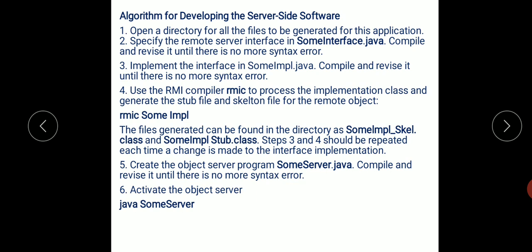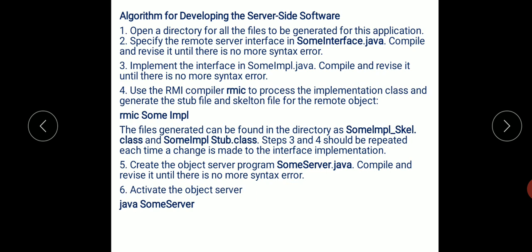Fifth step is create the object server program sum server.java, compile and revise it until there is no more syntax error. Sixth step is activate the object server Java sum server. So the developing server side software, first of all, open directory for all the files to be generated. The second one is specifying the remote interface.